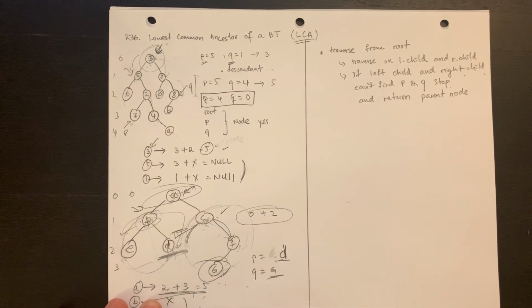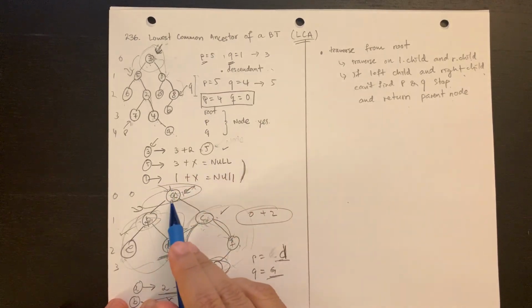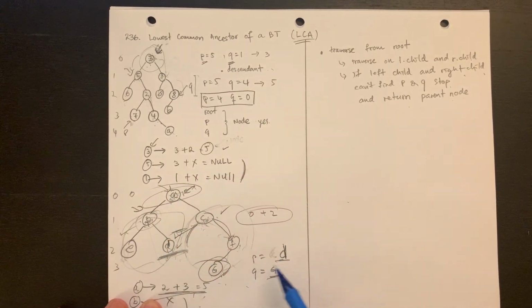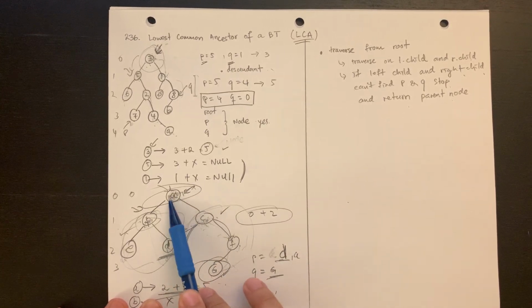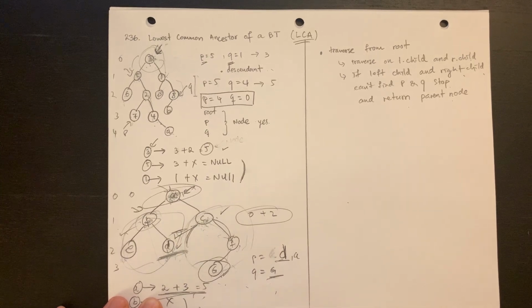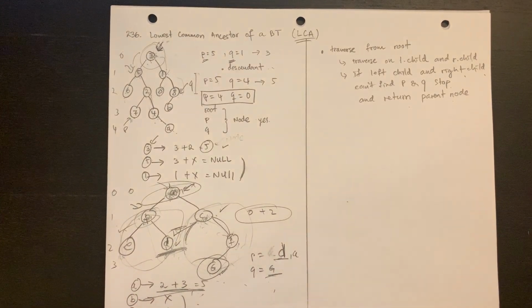But we need to be careful. When we check, we need to check ourselves too, in the case that the input was A and G. So we need to check the parent itself as well. So this is recursion again.